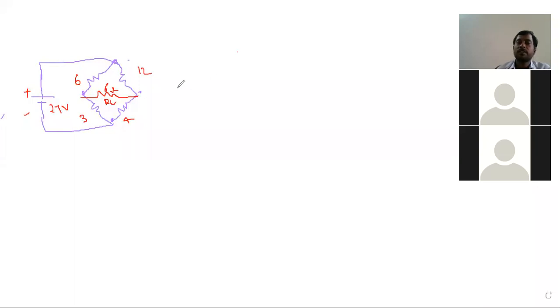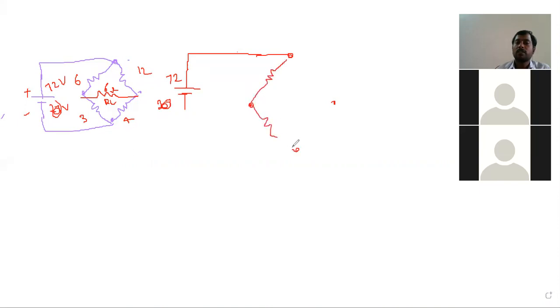If you want to find the VThevenin, the voltage source will be like this. This is 27 volts. Sorry, 72 volts. This is not 27, this is 72 volts. I'm drawing in a bigger manner so that you can see it easily.